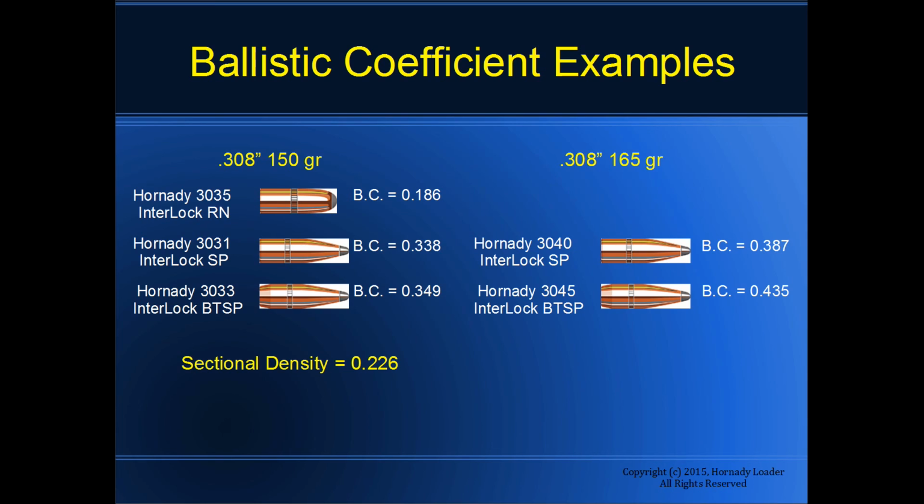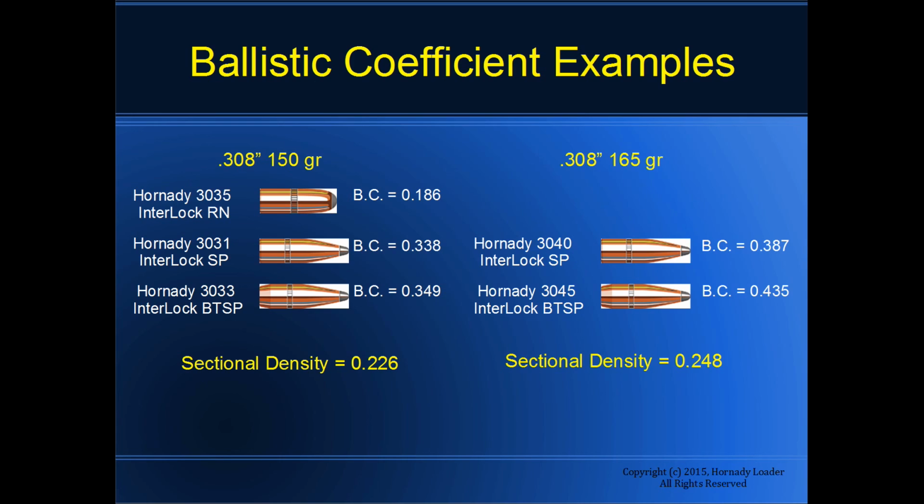The bullets on the left here have a sectional density of 0.226, while the bullets on the right have a sectional density of 0.248. So given two identical bullets, the bullet with the superior sectional density will have a higher ballistic coefficient. It'll maintain its velocity better. It'll have a flatter trajectory. It'll be less affected by wind, that sort of thing.